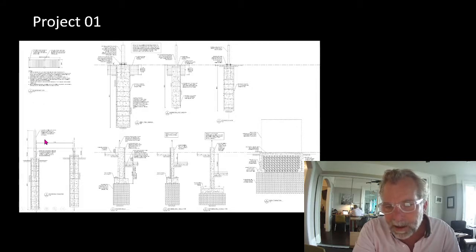Guardrail on one side, because on one side, the height above grade is more than 600 millimeters. On the other side, the height above grade is less than 600 millimeters, and a guard is not required.